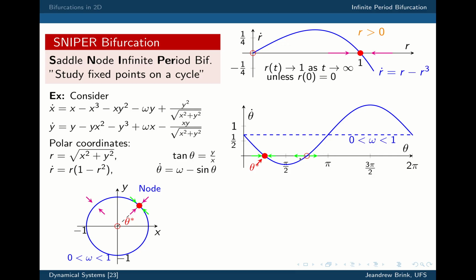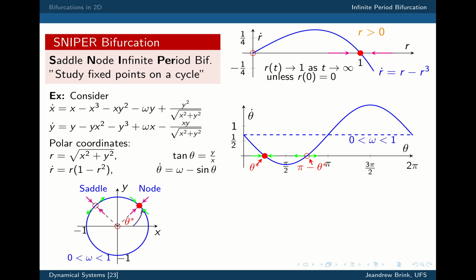In other words, arrows leave it. It occurs at theta equals pi minus theta star, in other words, over here. And it's basically a saddle if we look in the Cartesian coordinates. It's approached in the radial direction, but in the angular direction, the theta dot direction, the arrows depart from that particular fixed point. So it's typically a saddle.